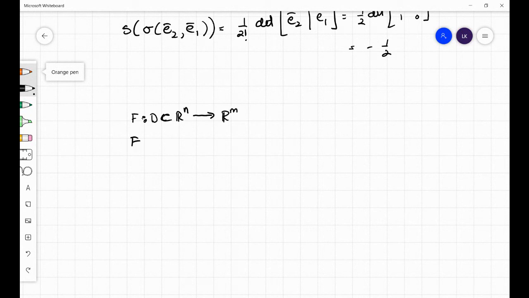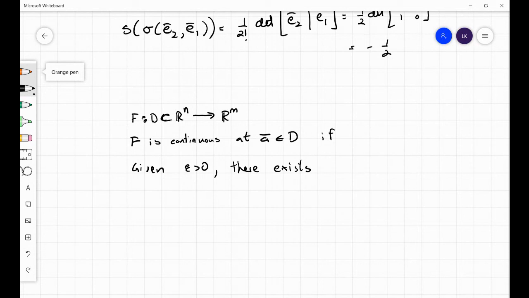Okay, we say f is continuous at a point in the domain if what is true? Given any epsilon, there exists a delta, such that, and epsilon and delta are positive quantities because they represent distances.